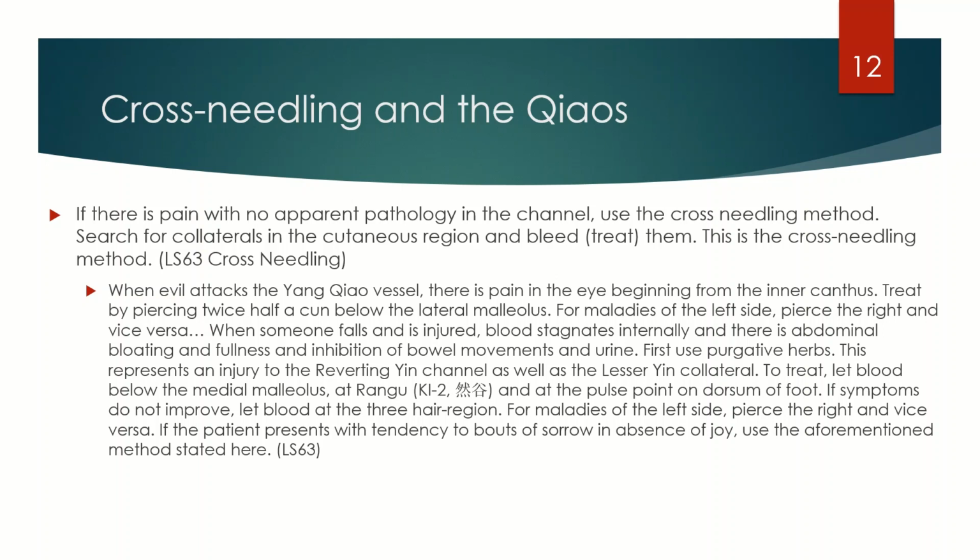I have some arguments for why that's the case, but basically it would be saying that in all these situations, because of some blockage of circulation, in this case due to someone falling, and in this bloating and fullness and inhibition that occurs as a result, you can look for some spider veins below the inner malleolus at Zhaohai, or kidney 6, and bleed.